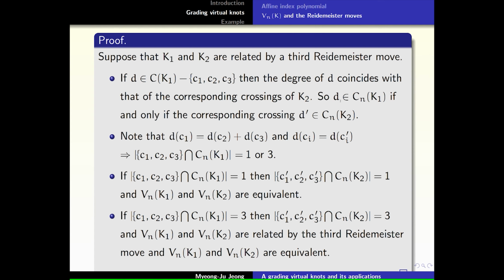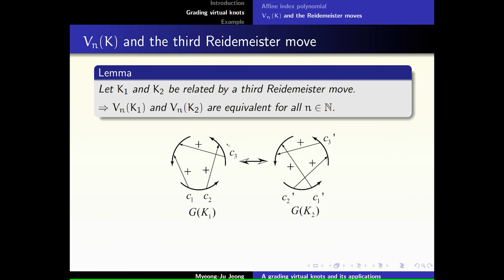D is an element of C_n K1 if and only if the corresponding crossing D prime belongs to C_n K2. And we should note that the degree of C1 can be calculated as a sum of the degrees of C2 and C3. You can see that in this figure, the degree of C1 is 0 and the degree of C2 is minus 1 and the degree of C3 is plus 1.